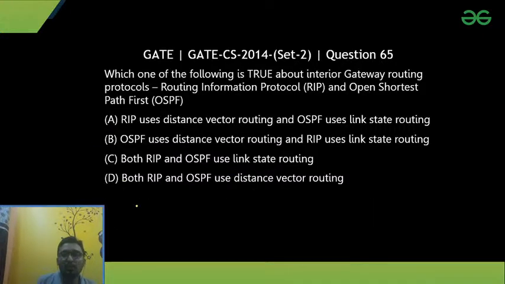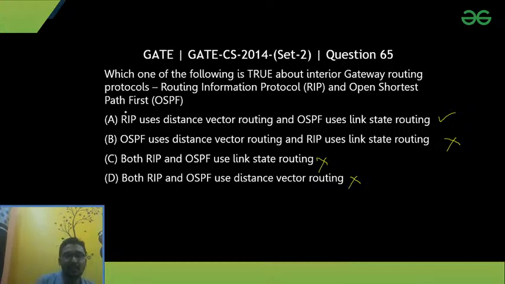Which of the following is true about IGP, interior gateway routing protocols, RIP and OSPF? RIP uses distance vector routing and OSPF uses link state routing. This is correct. OSPF uses distance vector is wrong. Both RIP and OSPF use link state routing is wrong. And both RIP and OSPF use distance vector is also wrong.